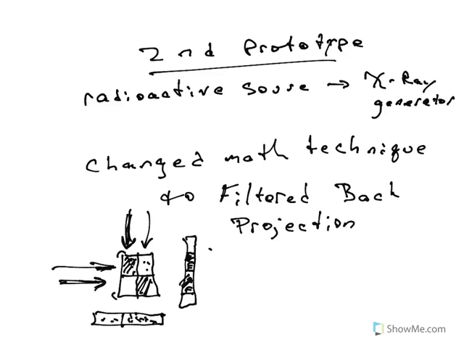And then what makes it back projection is they would then send, mathematically speaking, these images back through the original thing you were taking an image of to reproduce what the original image looked like. It was a much more efficient mathematical process of doing it. And in fact, it's so efficient that this is the technique that's still used today.